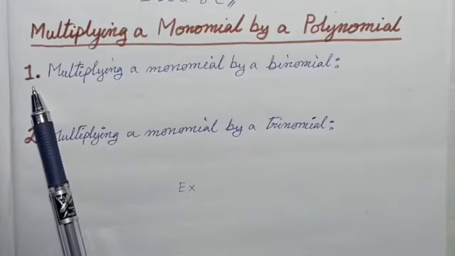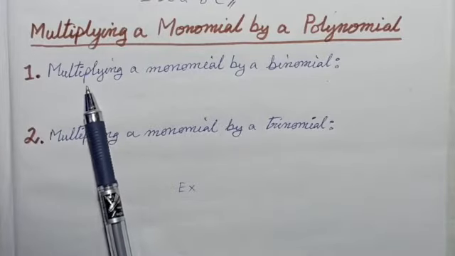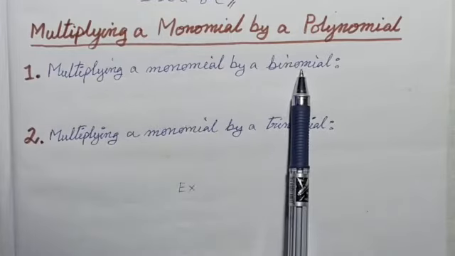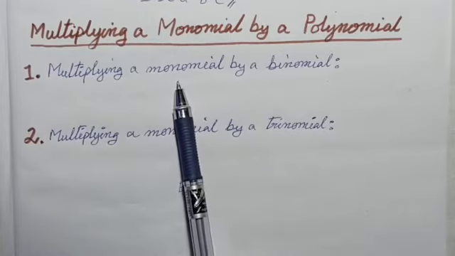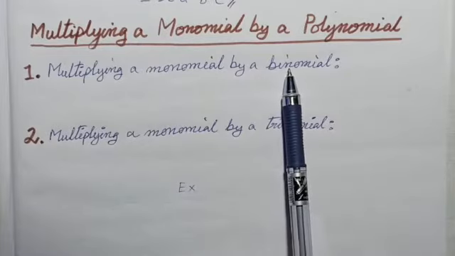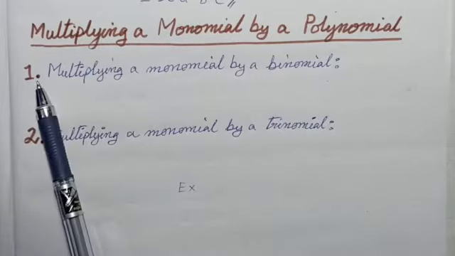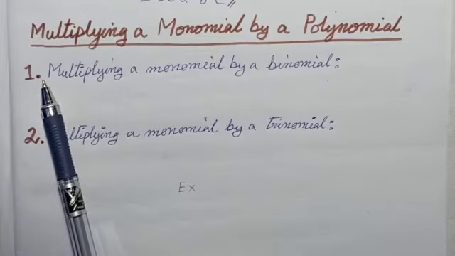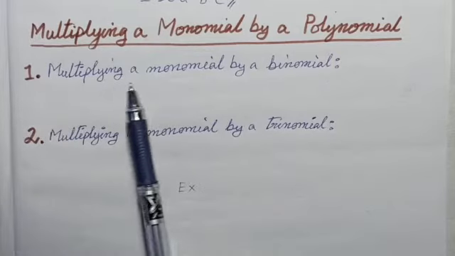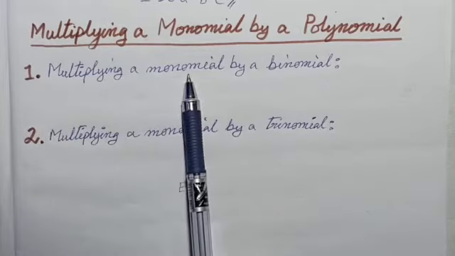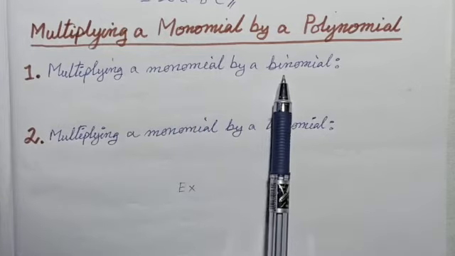Now, number 1, multiply a monomial by a binomial. Monomial means an expression having one term, and binomial means an expression having two terms. So, in this number 1, we are going to study how to multiply a monomial by a binomial.